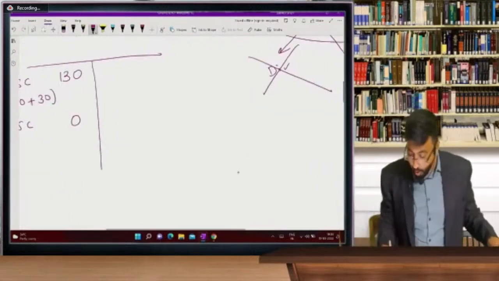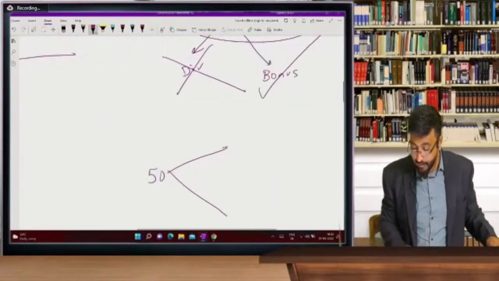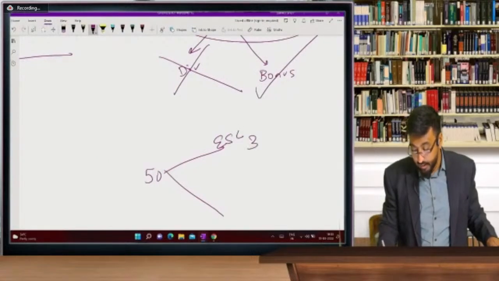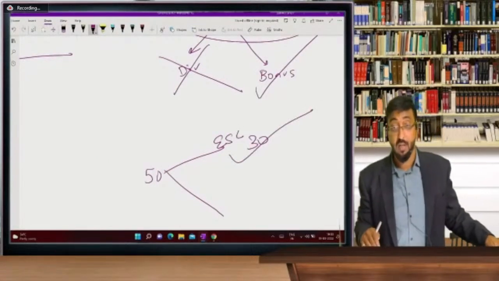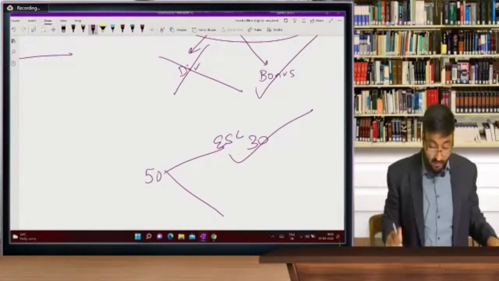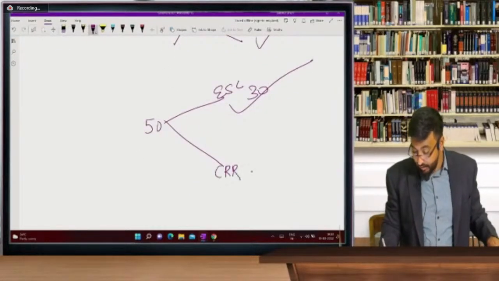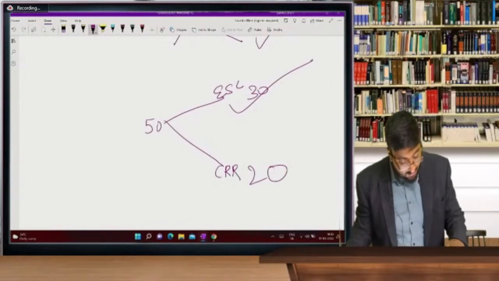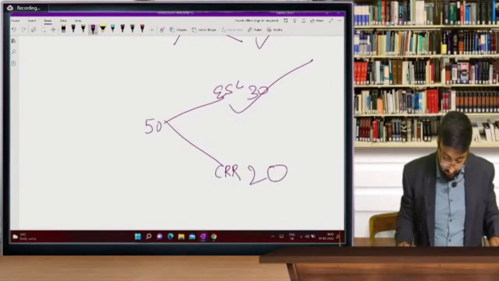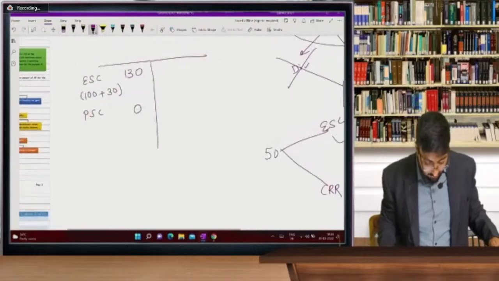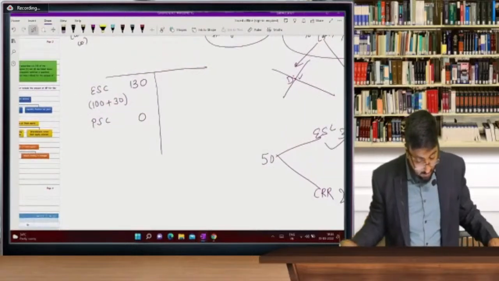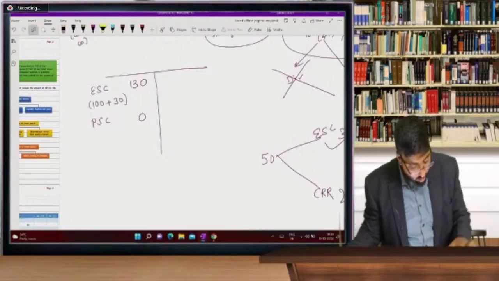I want to redeem, face value is 50. So equity share capital is 30. This is given in the question, 30 rupees raised. And CRR will be 20.